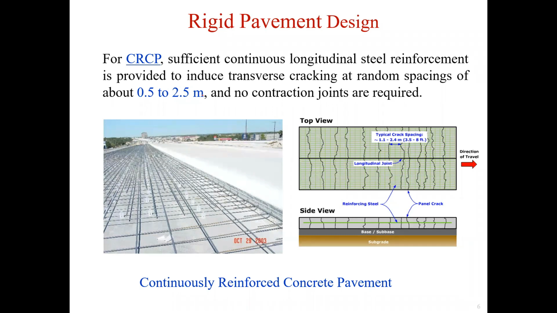So there is no need for contraction joints. The contraction joint is a transverse joint to control cracking due to pavement contraction caused by shrinkage and temperature fluctuations.